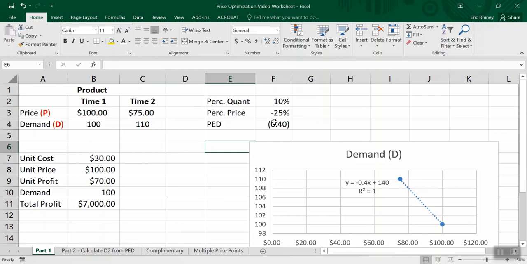So you just need to be careful with that and adjust those industry metric standards of price elasticity of demand as you see fit. If you think you have a much stronger product, a much stronger brand, then you might want to reduce that price elasticity of demand such that there's less impact on demand.